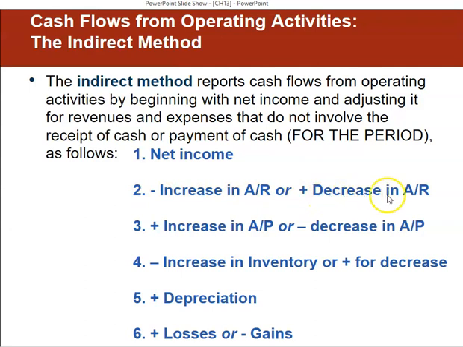When we have a decrease in accounts receivable, that is a positive adjustment. What that means is we have actually collected some money overall.